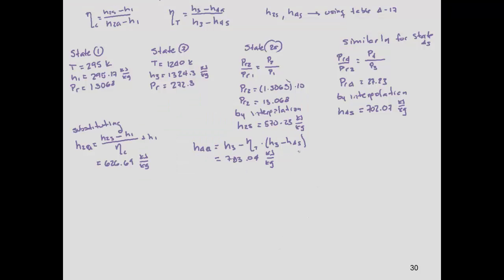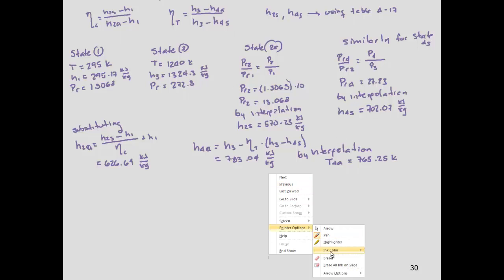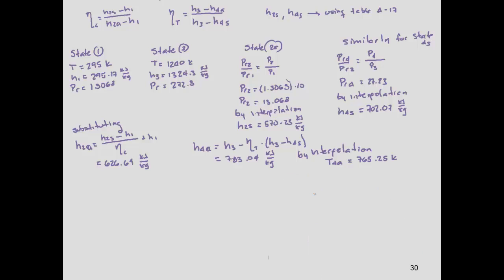So by interpolation, T4 actual is equal to 765.25 Kelvin. And this is our first result.